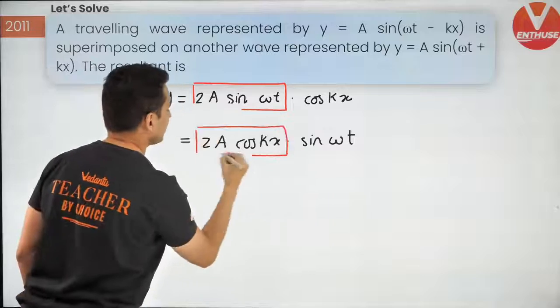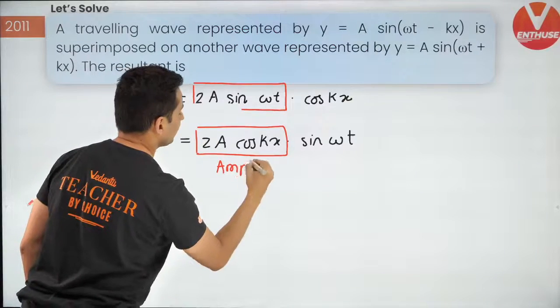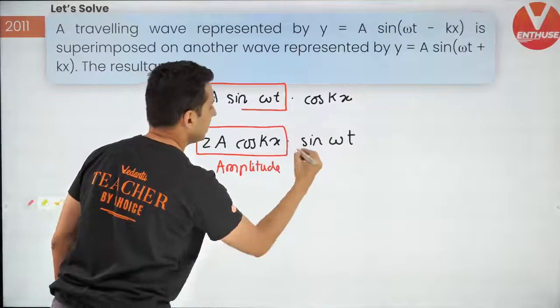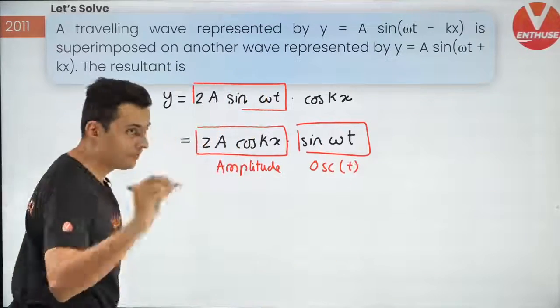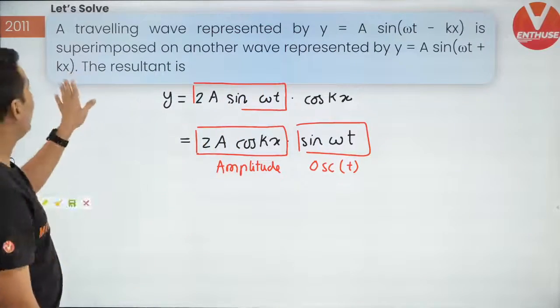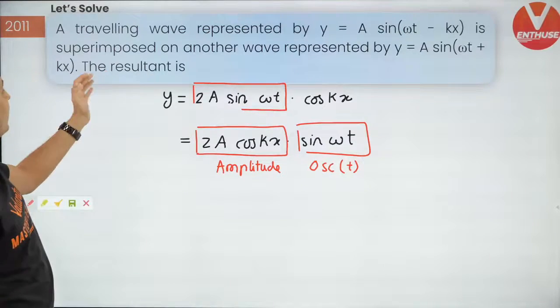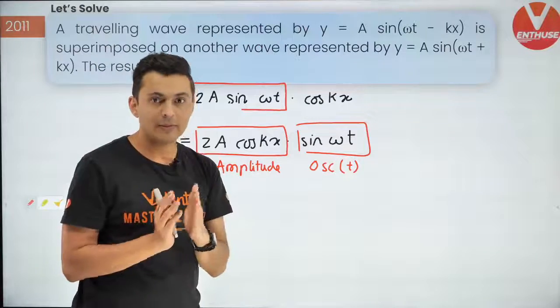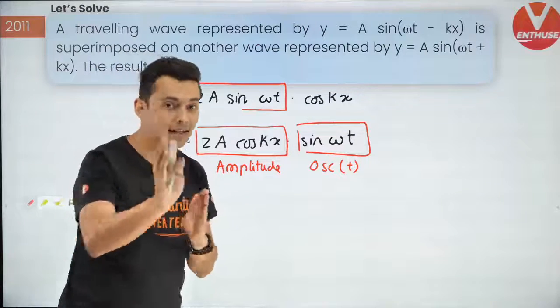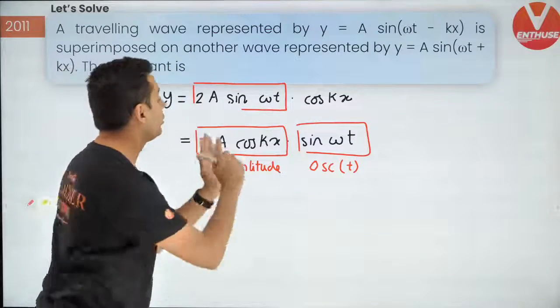So this is actually my amplitude, and this is nothing but my oscillation as a function of time. Now they have asked, the resultant is going to be a standing wave, but where will the node be?